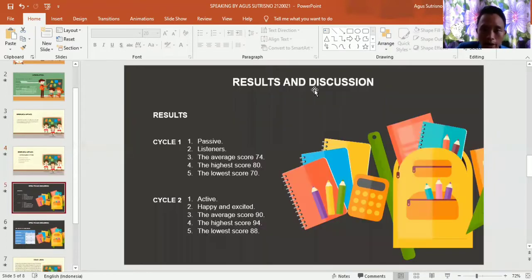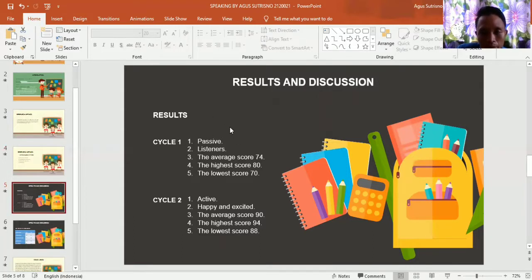Next, I find some results from this research. I make two parts. First, cycle 1, and second, cycle 2. In cycle 1, the students are passive. Then they are listeners.